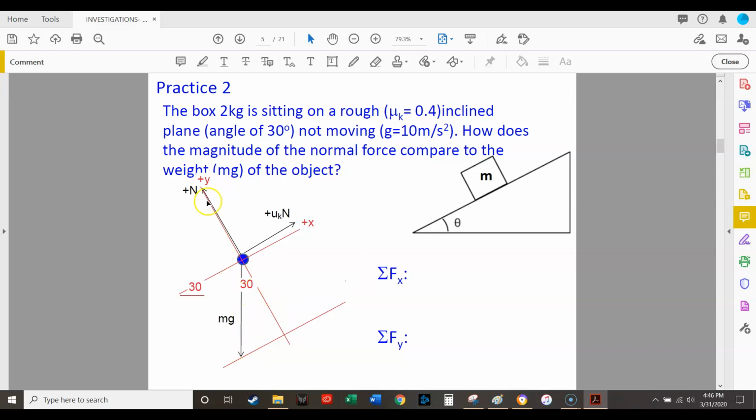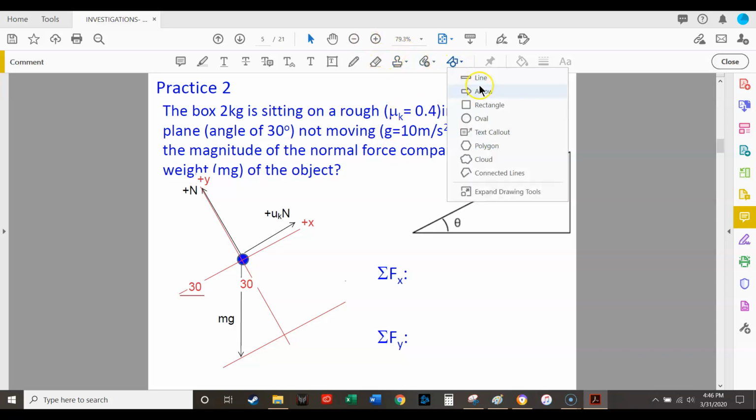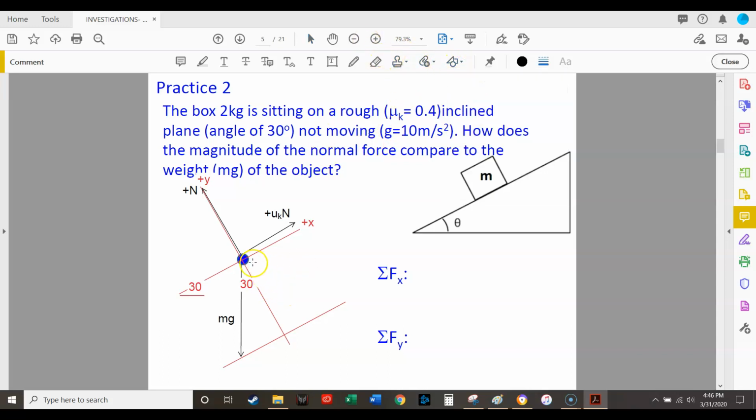Notice that mg is not pointing along the coordinate system, so we're going to have to break that up. mg is the hypotenuse. We have the angle 30 degrees. What we're going to have to do is create our triangle.